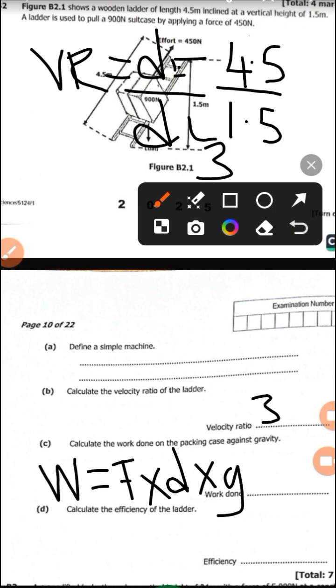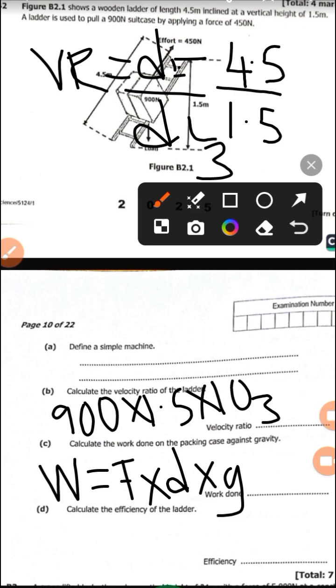So you are going to have force. Force here is equal to the load, or in other words, we may say force is equal to weight. So force is equal to 900. So you have 900 multiplied by 1.5 multiplied by 10. 900 multiplied by 1.5, we are going to get 1350.